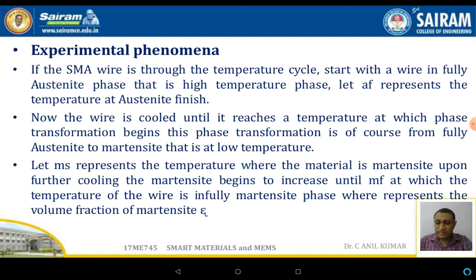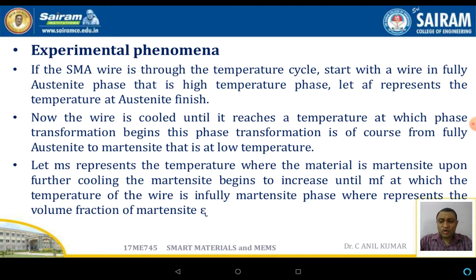Let Ms represent the temperature where the material starts becoming martensite. Upon further cooling, the martensite fraction increases until Mf, at which the wire is in a fully martensite phase, represented by the volume fraction of the martensite as xi.